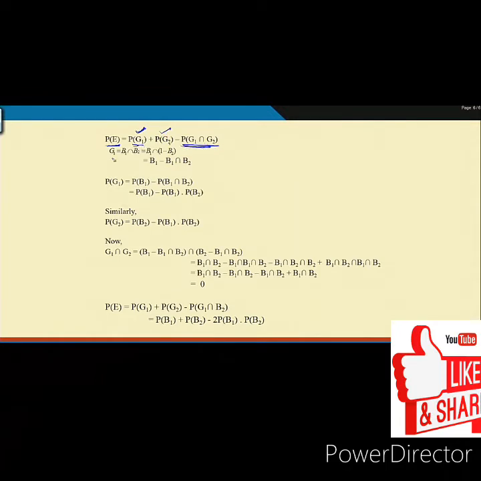Now, what is G1? G1 is an AND gate with B1 and B2 bar. B1 should occur, B2 should not occur. So, because of the AND gate, it is B1 intersection B2 bar.